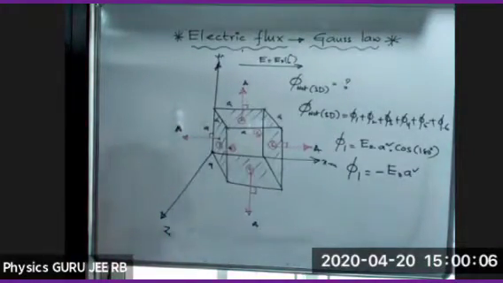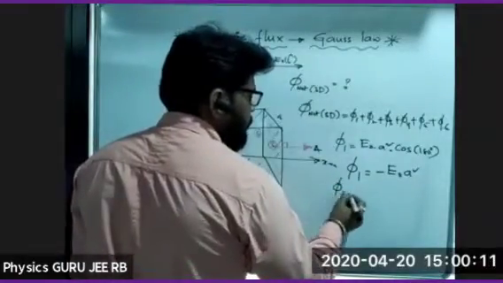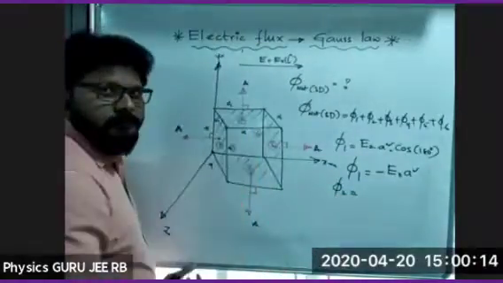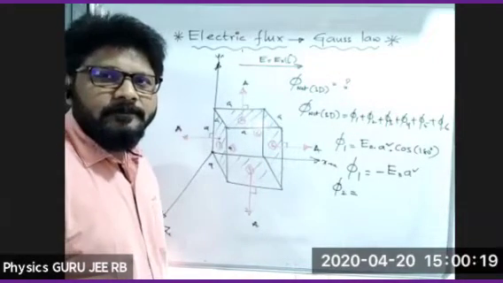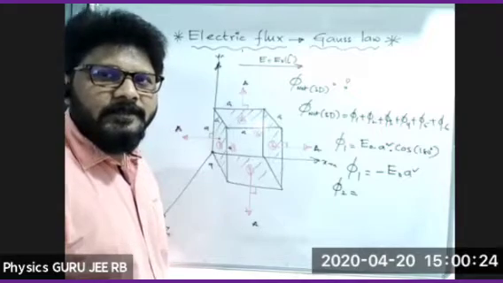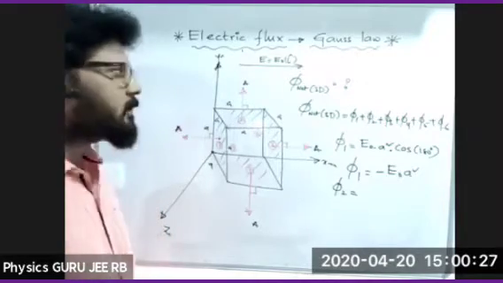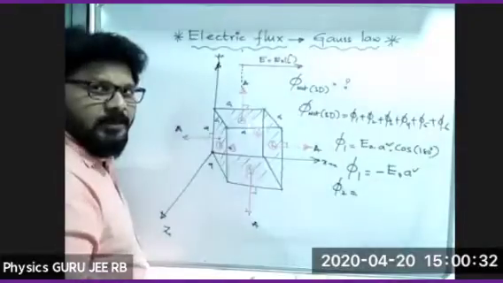Now can you similarly calculate the remaining ones fast? Phi 2, if I take phi 2, what is the angle between the area and the electric field? Fast, for the second surface, quickly tell me: 90 degrees. So you can see this is nothing but 90 degrees, and cos 90 is 0.